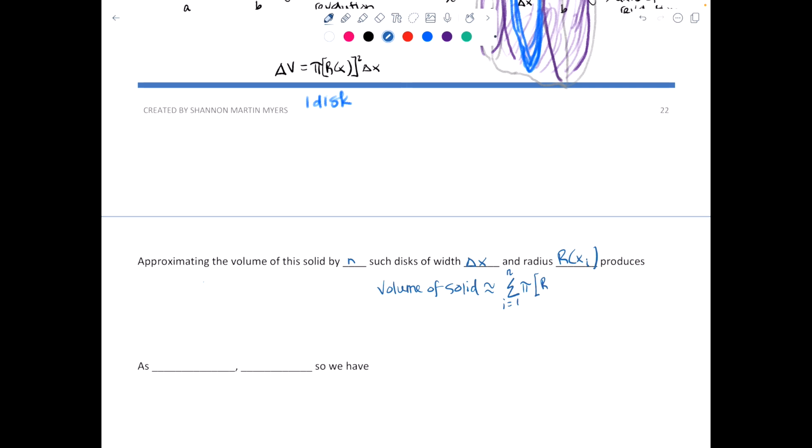So our R is R at x i squared, times delta x, which, remember, you can bring out the pi. The pi is just constant, doesn't have a subscript of i on it. And then times delta x.